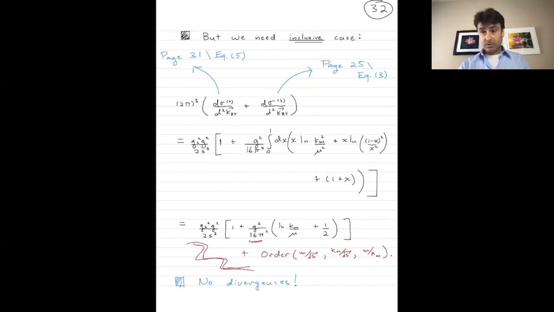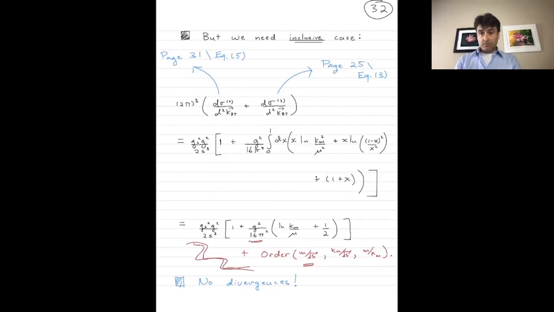We needed that in order to do the transverse momentum integrals. Otherwise, we have terms that are going like m over km. And we had, of course, square root of s, center of mass energy, much larger than all the masses in the problem. So what I promised you, you have no infrared divergences in this jet calculation.